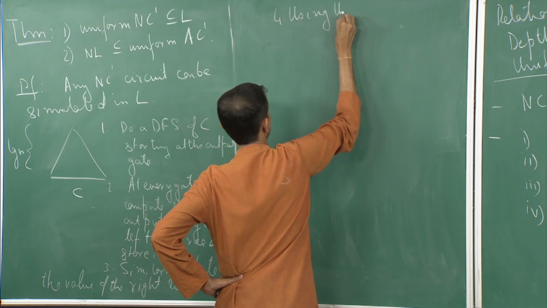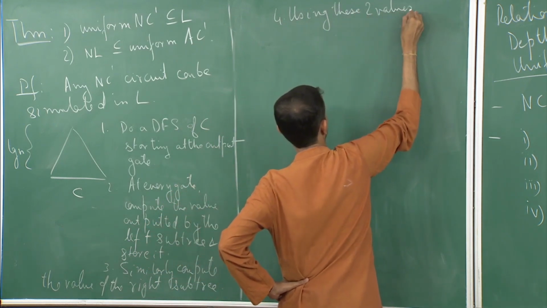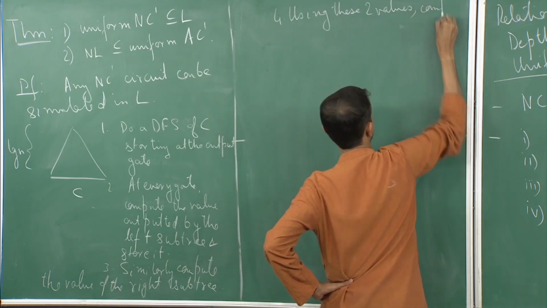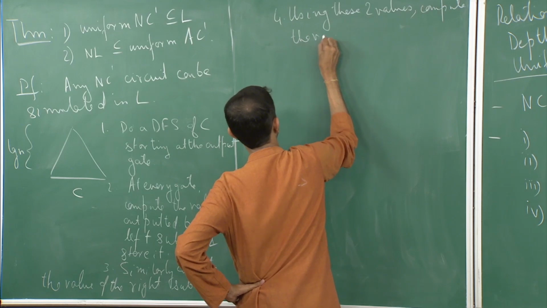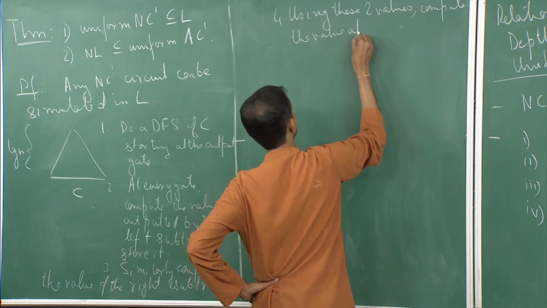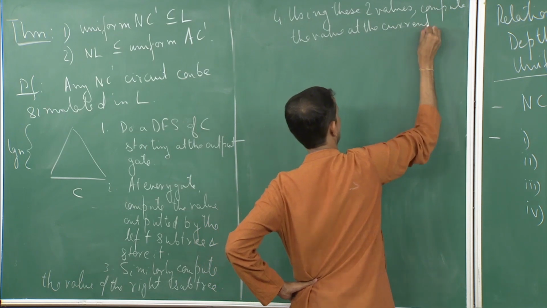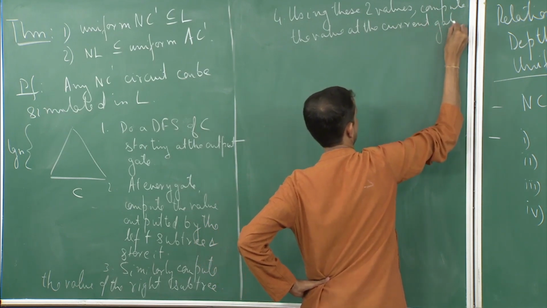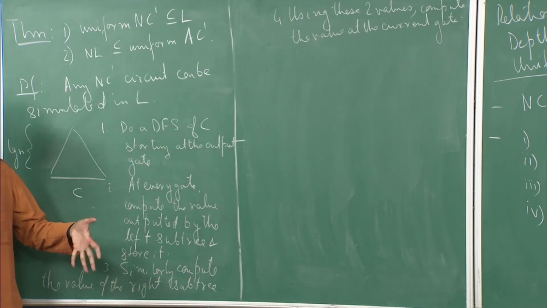Now, using these two values, compute the value at the current gate.